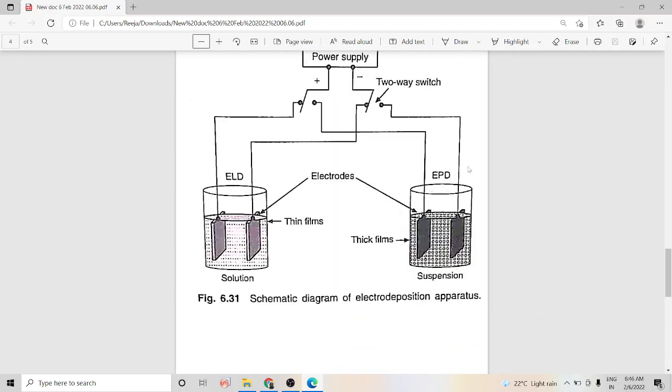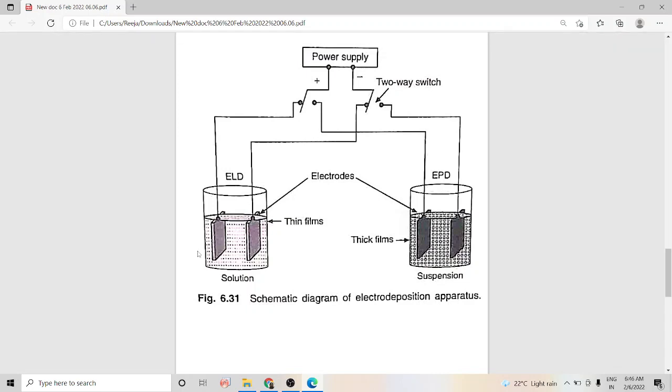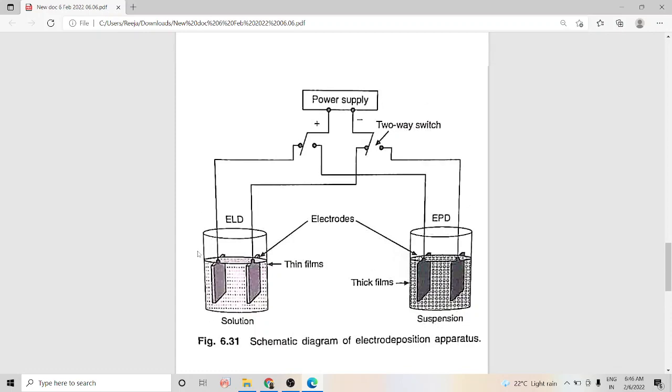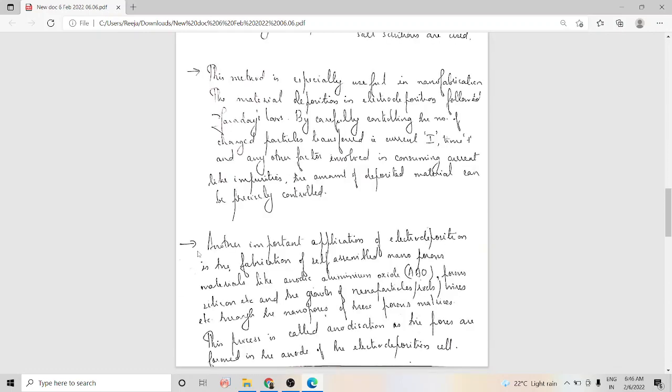So this figure shows electrophoretic deposition, in which ceramic particles are used in the suspension, and the second one in which metal salt solutions are used, that is electrolytic deposition. Now, the method of electrodeposition is also useful in nanofabrication.